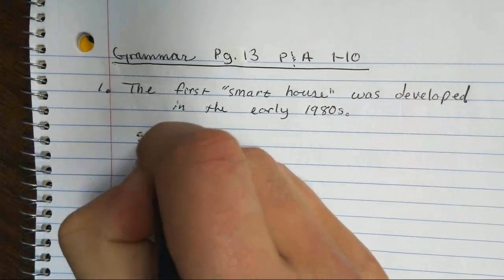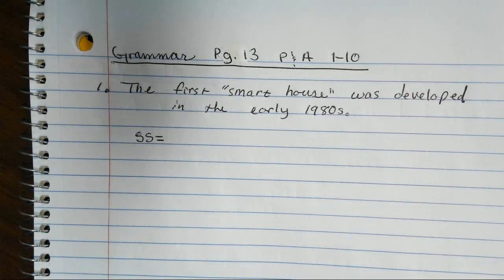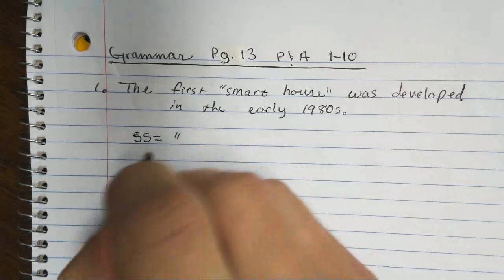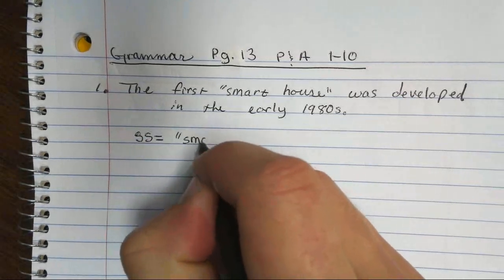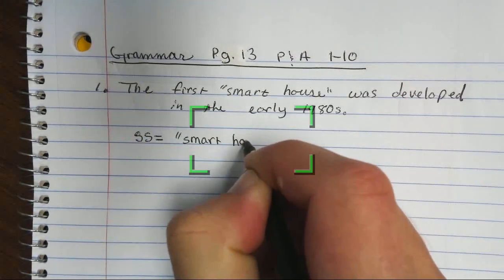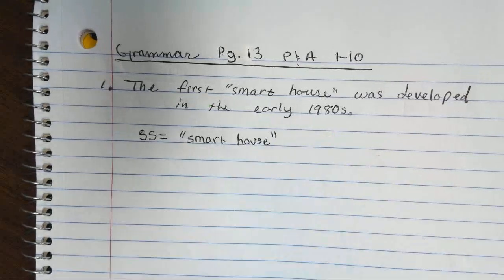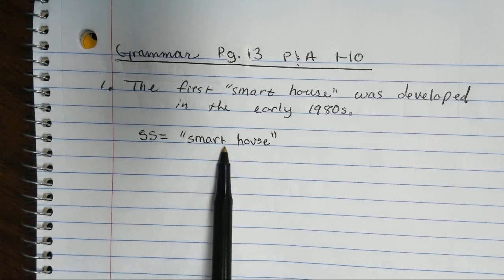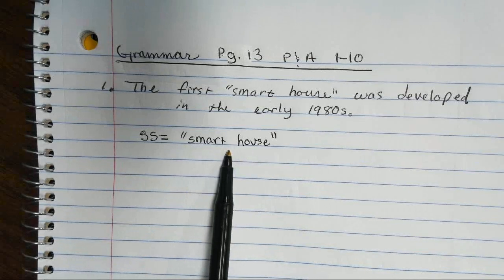Okay. So what do you think the simple subject in this sentence is? Who or what is doing something? Hopefully you were able to identify smart house as our simple subject. What does the smart house do?